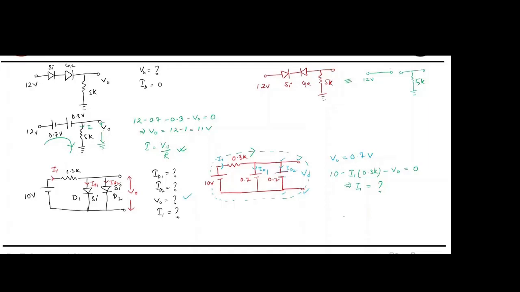Now the current I1, which is coming here, is divided into these two parts. Yes or no? Now, if you assume that both the diodes are identical, then this I1 will be divided equally between these two. Yes or no?